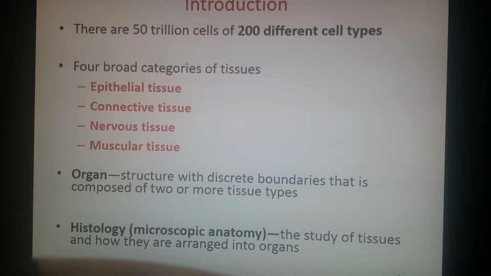So your organs, a lot of them are made of multiple tissue types. In order to study them, we usually do this using microscopy. So we'll take our tissue, slice it really thin, stain it so we can see all our little pieces and parts of the cells and other structures that make up the tissue, and that way we're able to see the microscopic differences in our different tissue types.